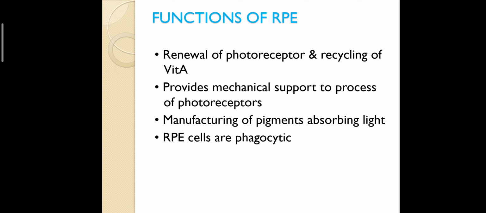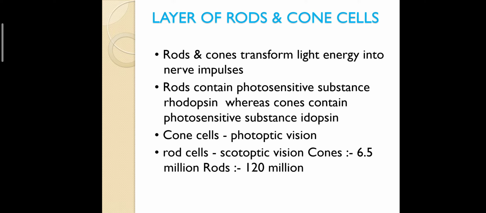There are pigments within the RPE which are responsible for absorbing light. They are also phagocytic. That's why they help in the renewal of these photoreceptors. So these are the important functions of the RPE.